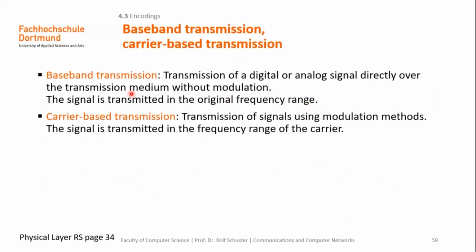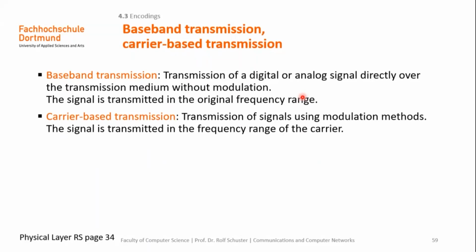Then remember, we could transmit across baseband transmission, typically the transmission of a digital or analog signal directly over the transmission medium without modulation. That is, the signal is transmitted in the original frequency range. Typically this is what we use in the Ethernet links.